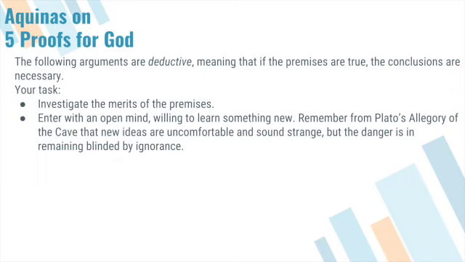So it's important, even if you do not become convinced of these proofs, right? They have a long history and continue to be a very active area of debate in modern philosophy. And these have been used not just by Christians like Aquinas, but they've been used by Muslims and Jews.